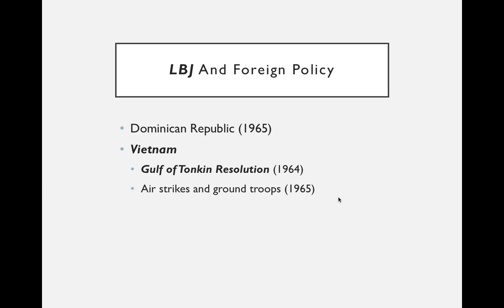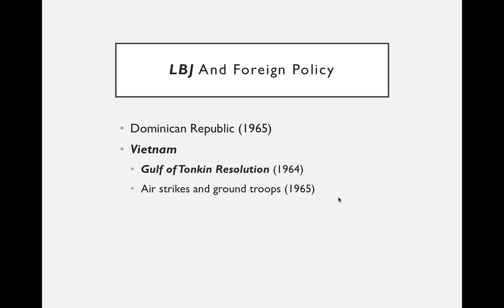The North Vietnamese boat was accused of firing on an American naval ship, and Congress responded by passing a resolution, the Gulf of Tonkin Resolution, which gave the president the authority to use, and I quote, "all necessary measures to repel armed attack." Now, there will be no formal declaration of war in Vietnam. This is the closest we get to declaring war.